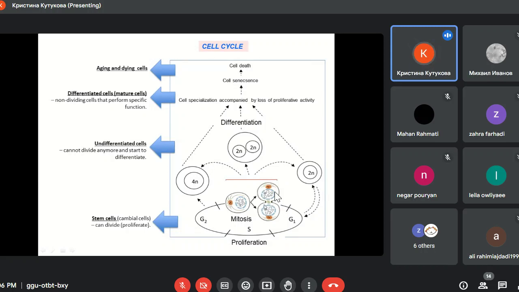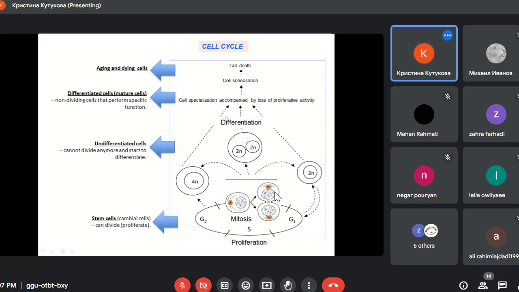Then this is the mitosis stage of the life cycle, which is here. Then goes the next stage G1, then stage S, then G2, and once again mitosis. So this will be the cycle. But a daughter cell can exit this cycle of division and start to differentiate.